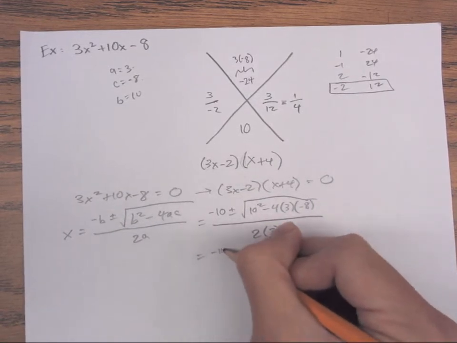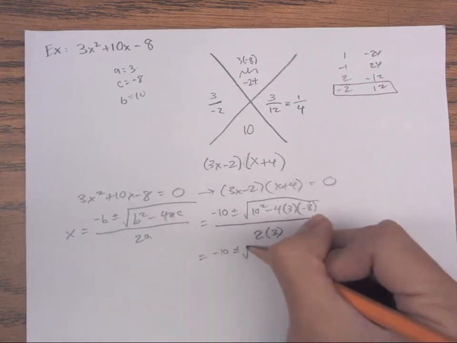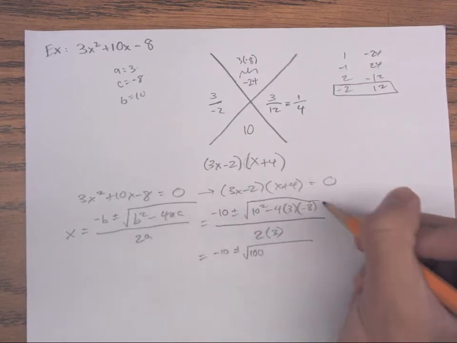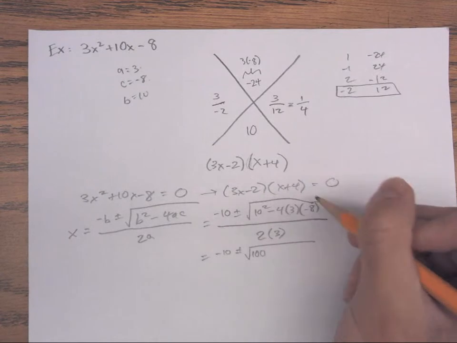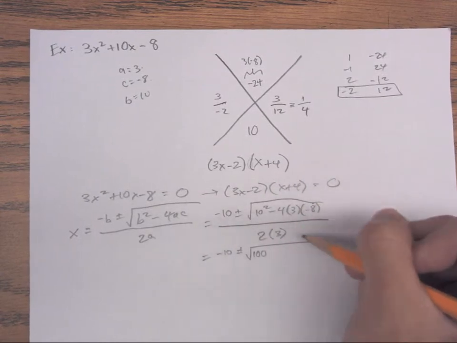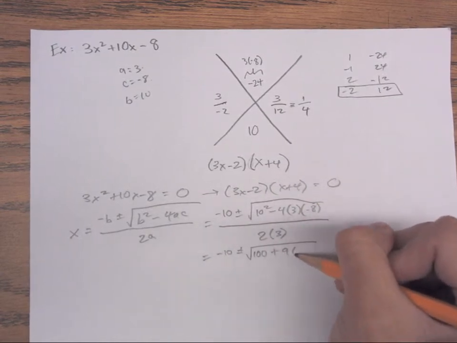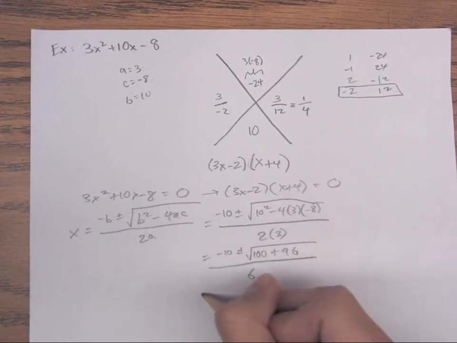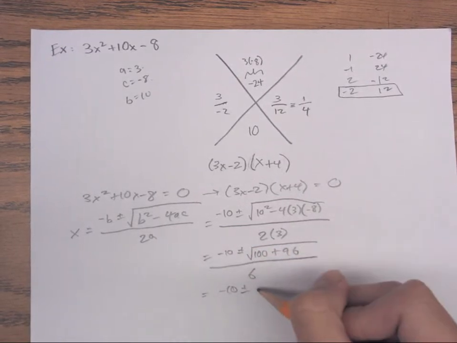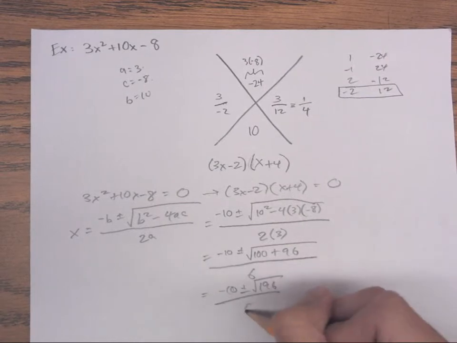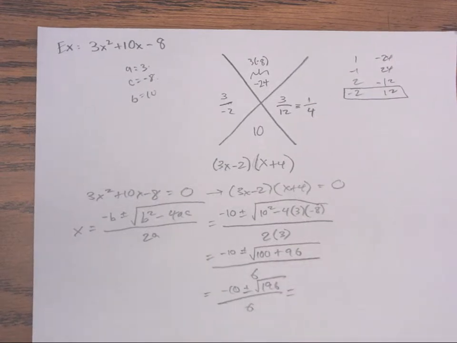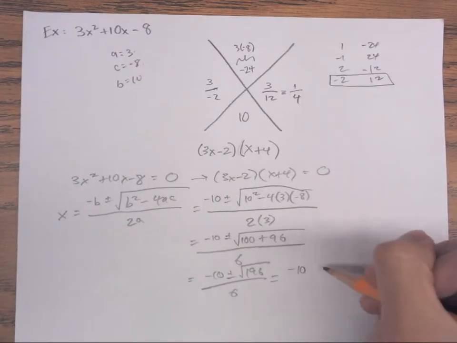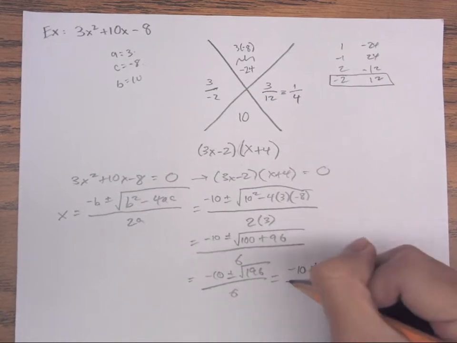This is -10 plus or minus the square root of 100 plus 96. 2 times 3 is 6. -10 plus or minus the square root of 196 divided by 6. I think that's 14. So -10 plus or minus 14 over 6.